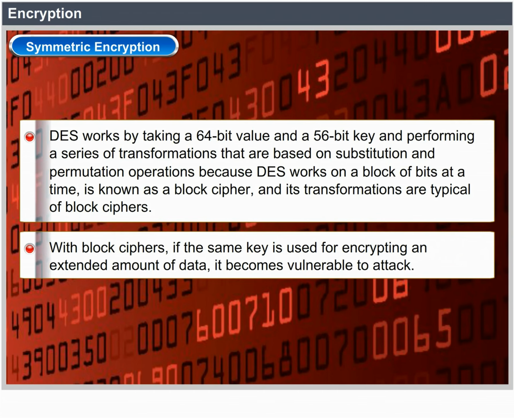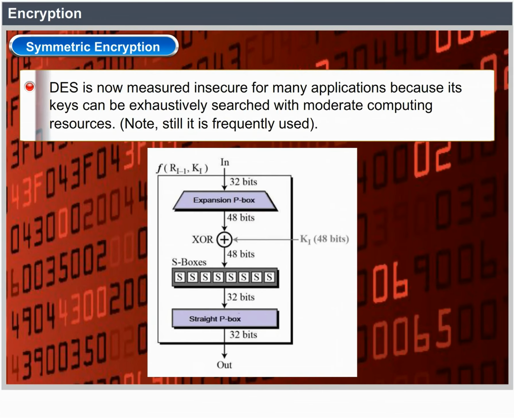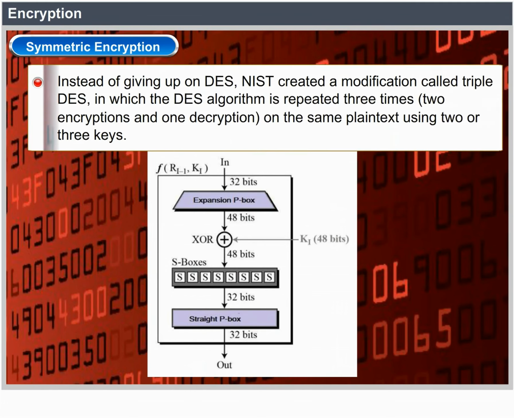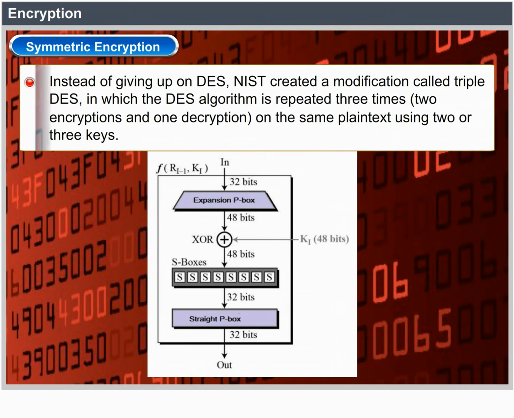DES is now considered insecure for many applications because its keys can be exhaustively searched with moderate computing resources. Note, though, that it is still frequently used. Rather than giving up on DES, NIST created a modification called Triple DES, in which the DES algorithm is repeated 3 times, 2 encryptions and 1 decryption, on the same plain text using 2 or 3 keys.